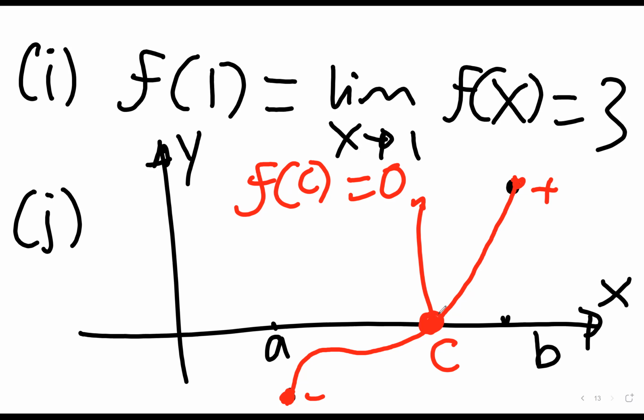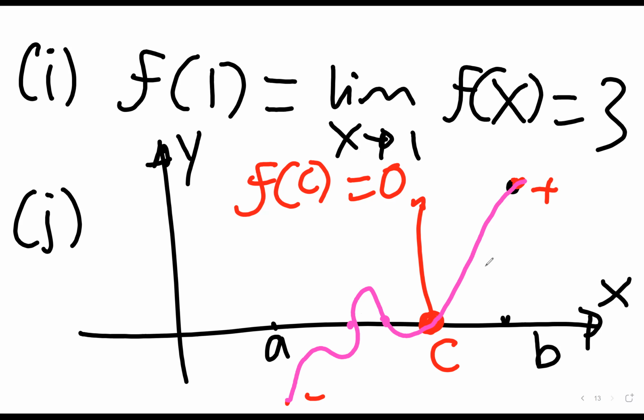Of course, there can be more than one intersection, for example three intersections, which is also fine. But at least we have to guarantee that the graph of the function intersects the x-axis at least at one point, because there is a change of sign of the function.